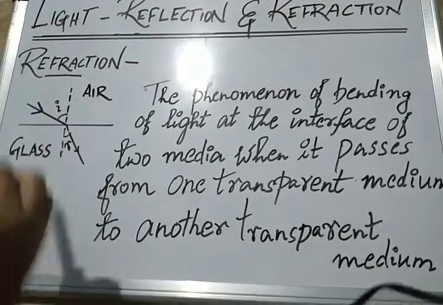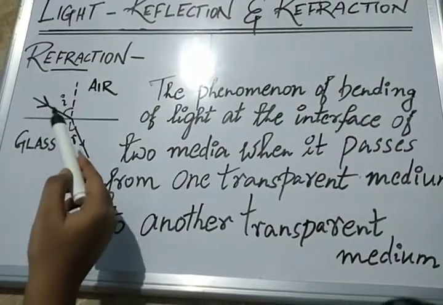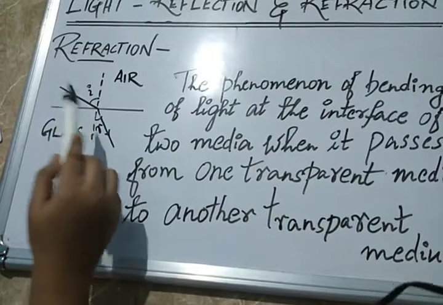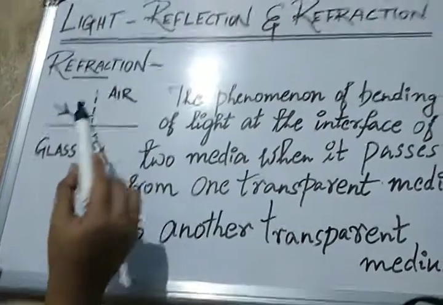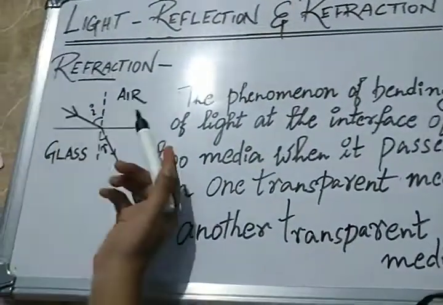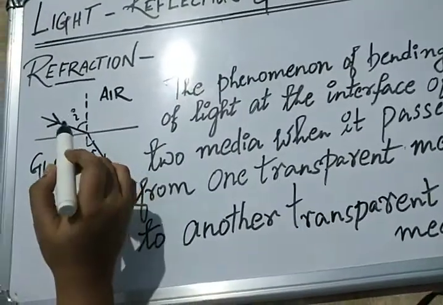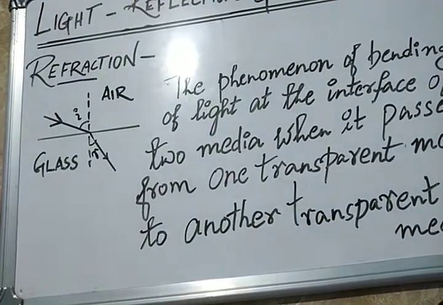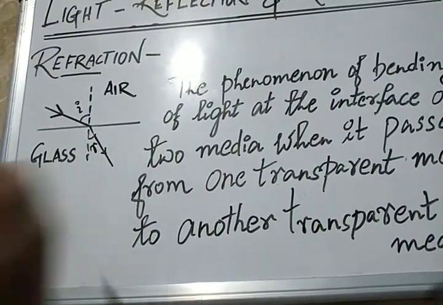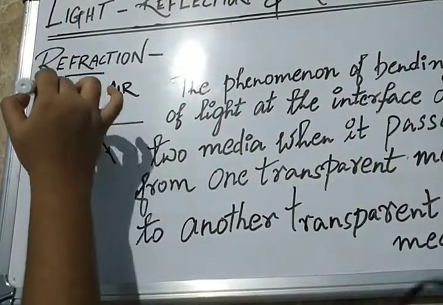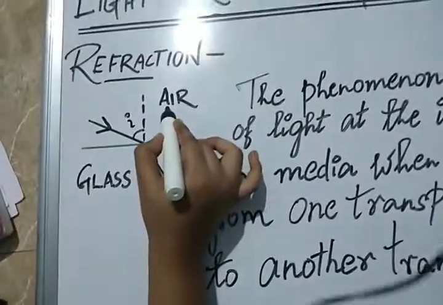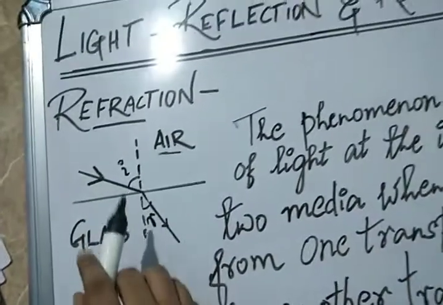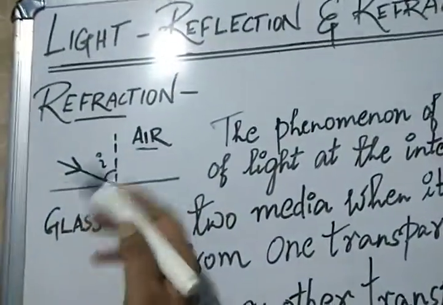See, refraction. Now you see that when light travels from one medium to another medium, it has a tendency to bend. Its direction changes. Consider this to be air. Medium in the sense anything through which light can travel.